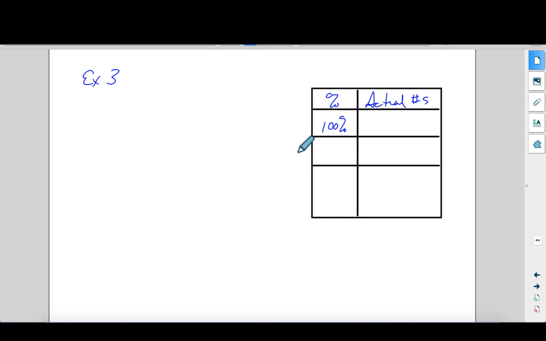It says he marked it up, and I always put a positive out here to show which direction I'm going to help me with this total. Because I'm adding, this is going to be 175% this time, not 25%. If this were a subtraction sign, then 75% would give me 25%.